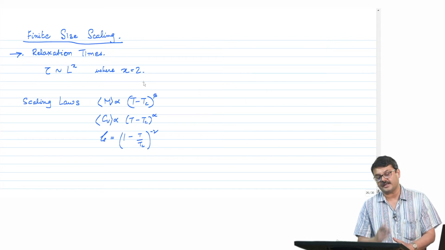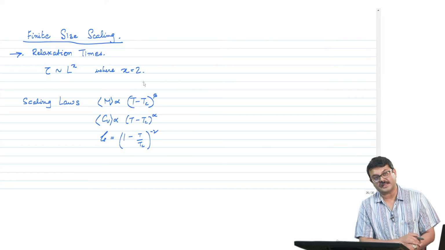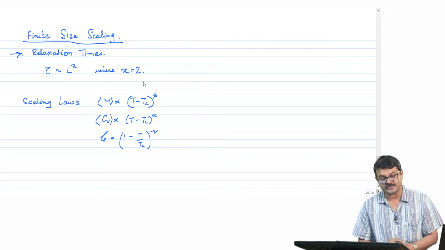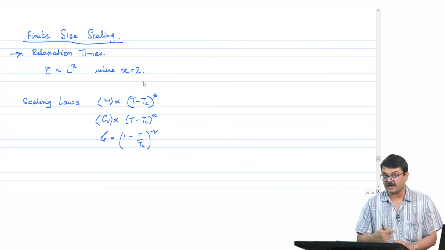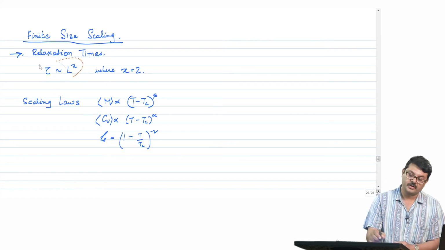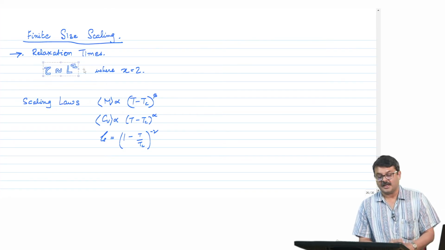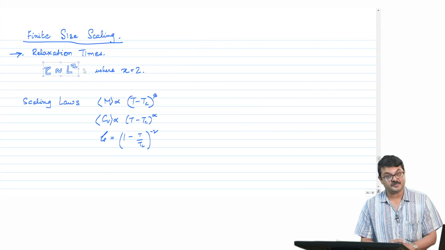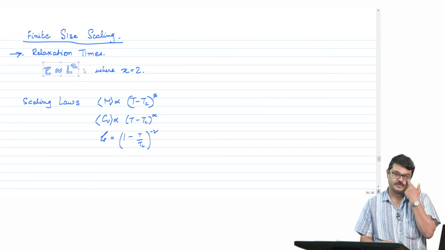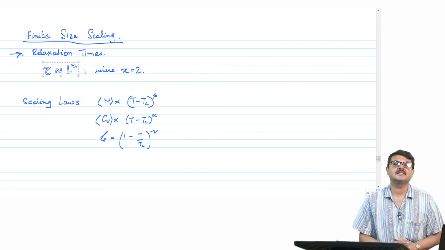out whether you are getting independent microstates at the end of every Monte Carlo iteration, one Monte Carlo step, one has to calculate the so called relaxation time, and the relaxation time especially goes as L square, L to the power x, where x equal to 2 for a 2-dimensional lattice.